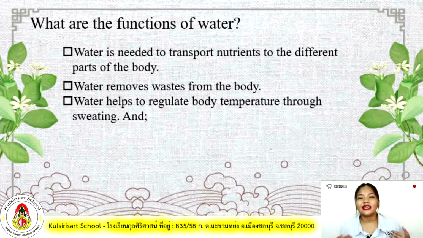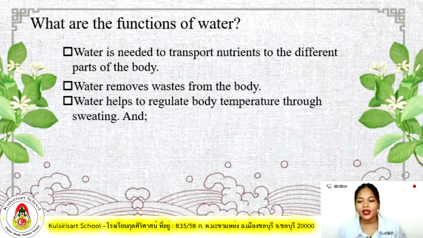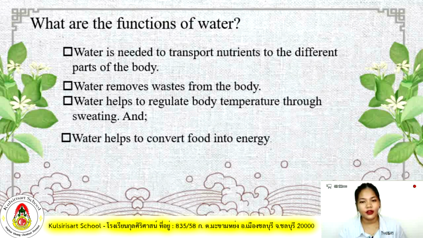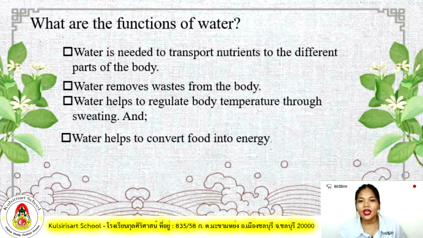So the release of water, or sweat in that case, is one way of regulating body temperature. And the last one is, water helps to convert food into energy. Water helps carbohydrates, fats, and other nutrients to be converted into energy.